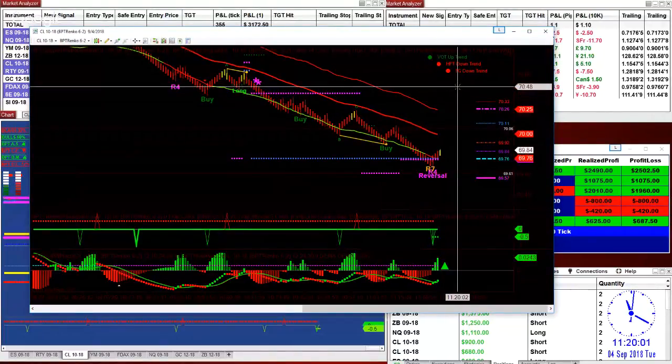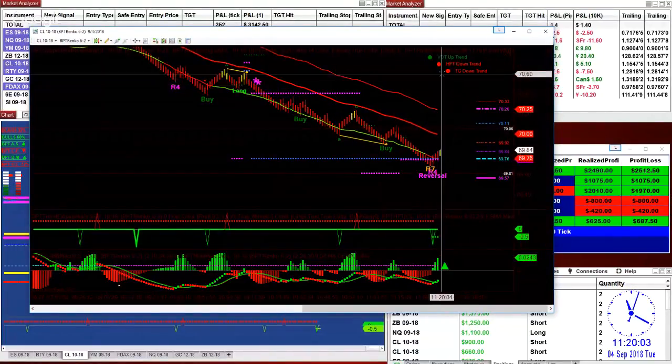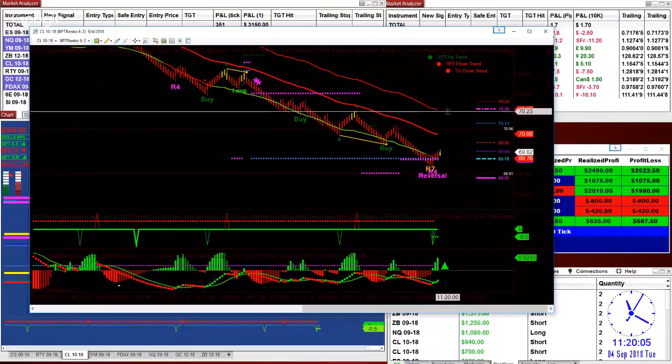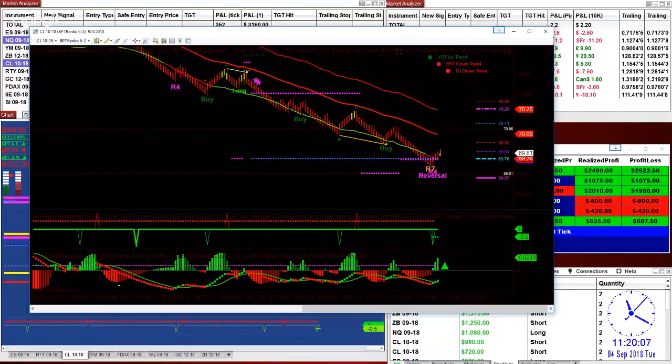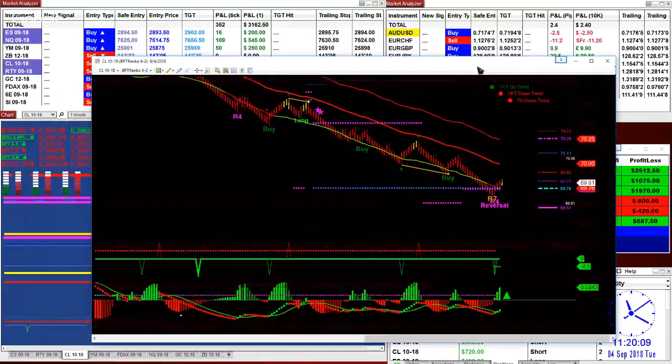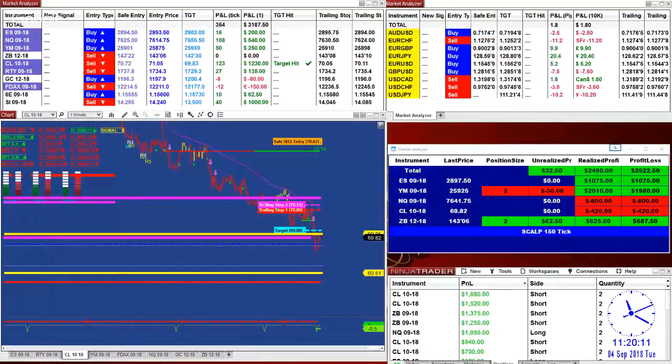And then God knows where, because now it's almost 12, 11:20. That's why I like the reversal, because of course you will have bad trades on the reversal, and good trades. But the reversals do not require a big stop loss.